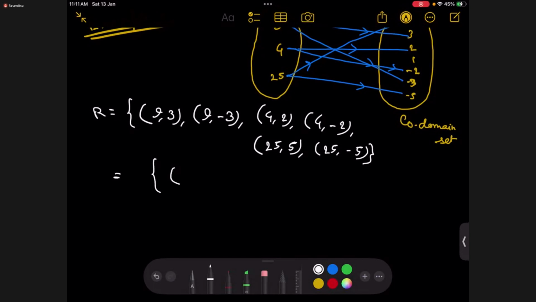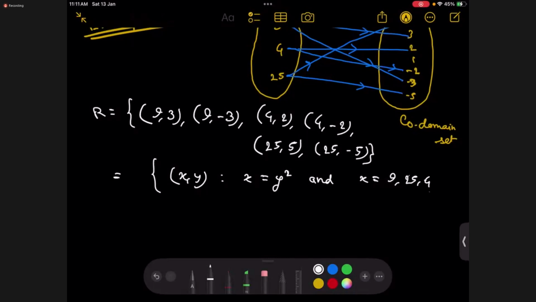So here we can write this in set builder form as the collection of all those x and y such that x equals y square and x is in {9, 25, 4}.